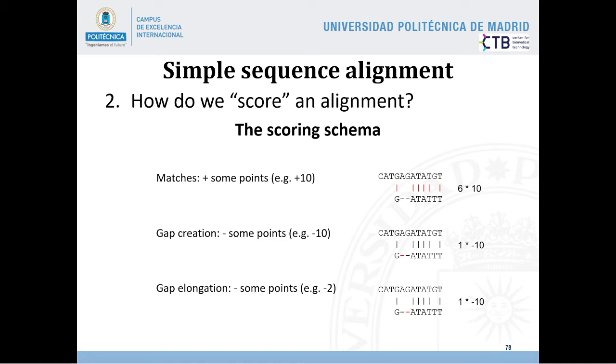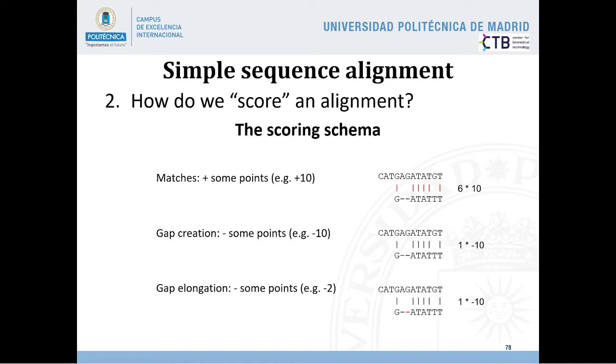So here we have some biological knowledge that we can apply to put better those scores, okay? So ideally, we would create a scoring system that gives more points to the alignment that align the homologous positions.